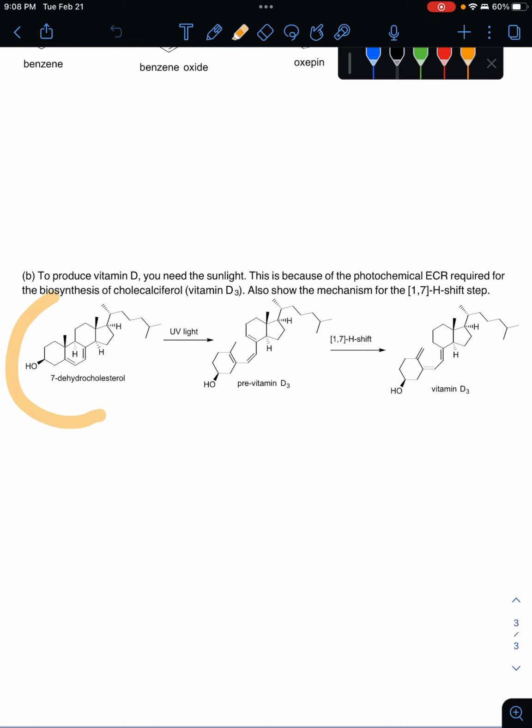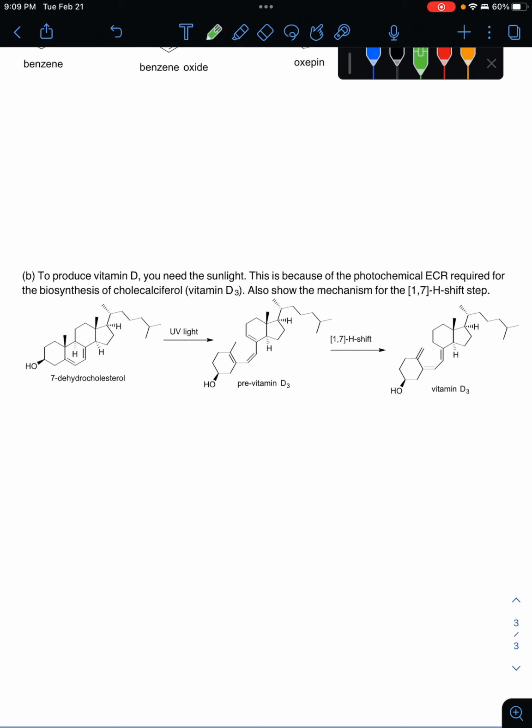And here is our precursor to the vitamin D skeleton. And here's a 6-member ring with a diene in the middle. Hopefully you can see that it can actually open through a 6-pi electrocyclic reaction.